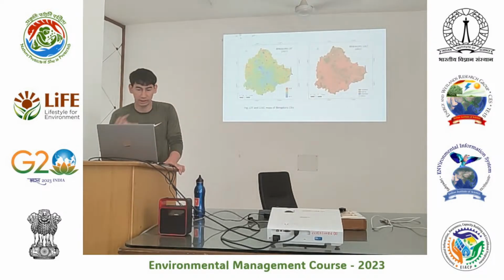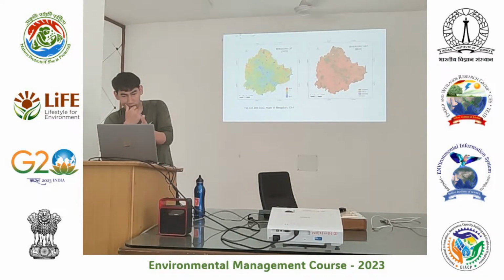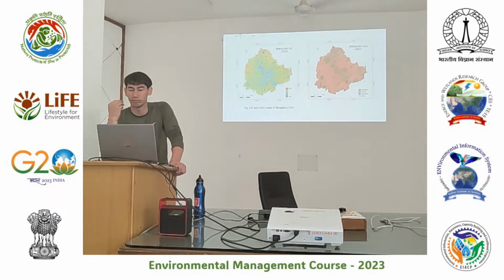So it is an example of remote sensing what we have done. The left image is the land surface temperature of Bengaluru city, and the right is the land use of Bengaluru city.